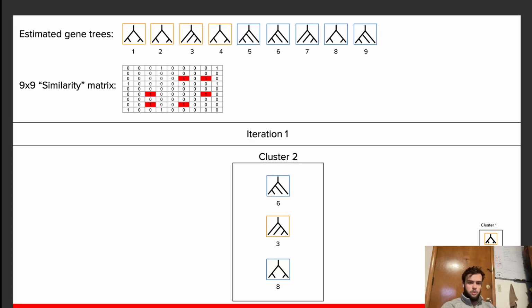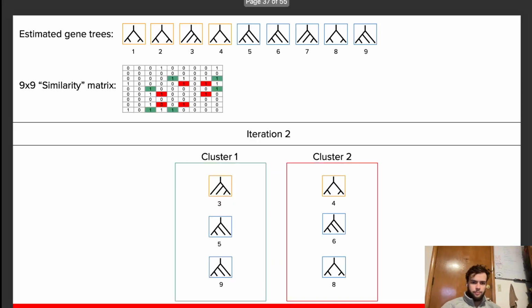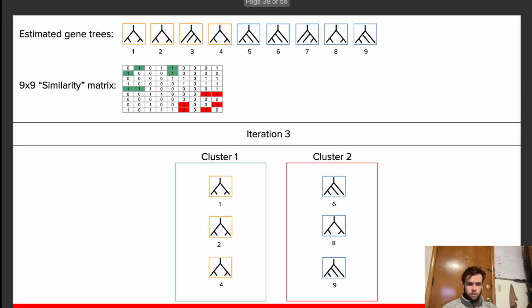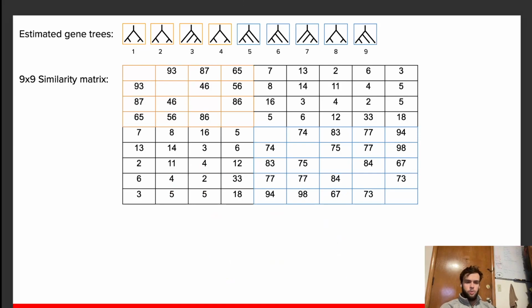We are just doing a bunch of smaller runs, and we're recording the outcomes of those runs, and we're hoping that this will smooth out any of the incorrect runs and incorrect placements of trees. And so we do this many, many times, updating the similarity matrix as we go, and we end up with one final big similarity matrix.